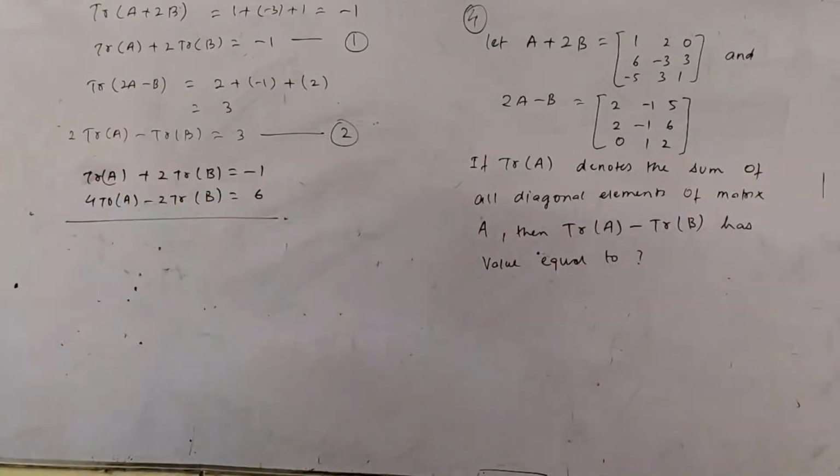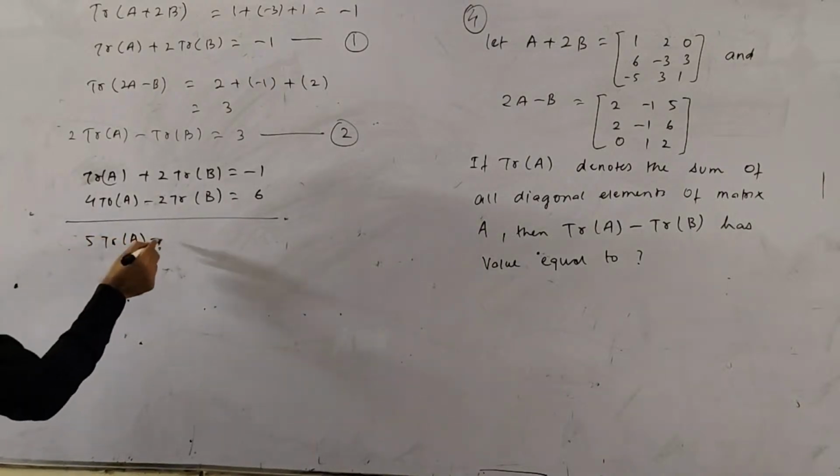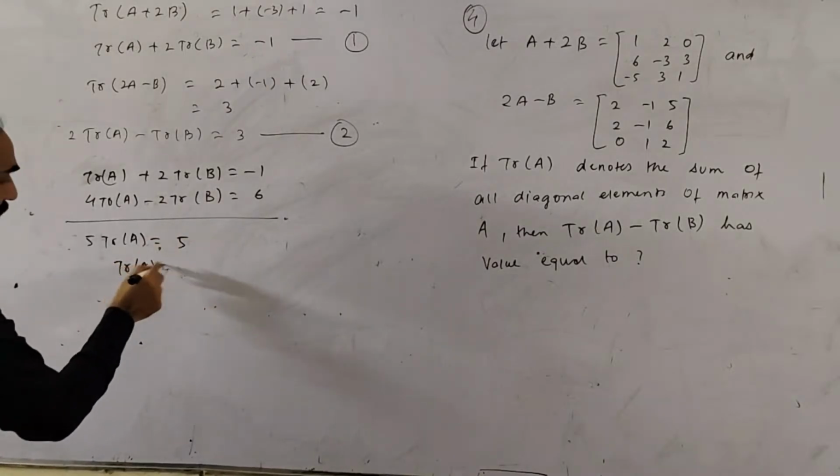Now adding both of them, how much this will become? 5 times trace of A is equal to how much? This is 5. So trace of A basically becomes what? 1.